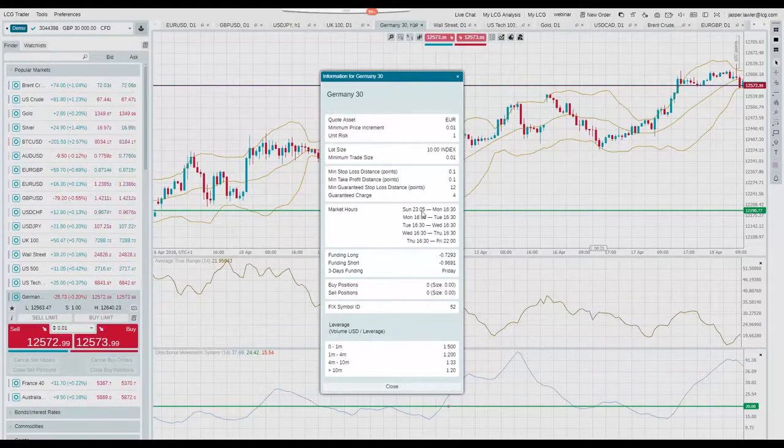Market hours: you can see that we're pretty much 24-hour trading on the LCG Trader version of the DAX. It's pretty much 24/5. But just be aware that when trading outside of the normal exchange hours, which we mentioned on the slide, just normal working hours in Germany, the volumes will be thinner and the spreads will be wider.